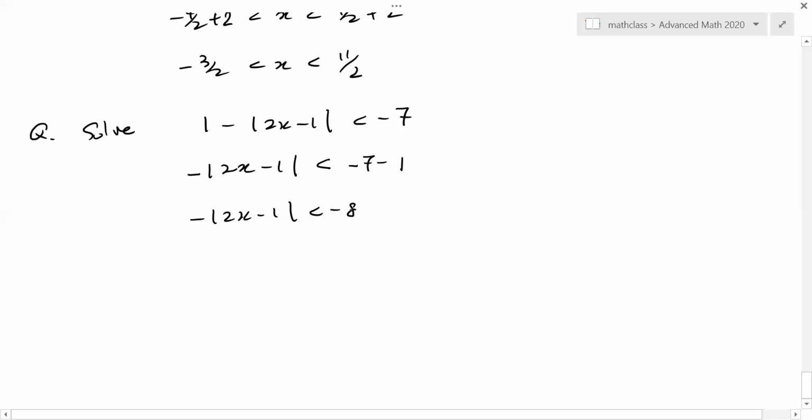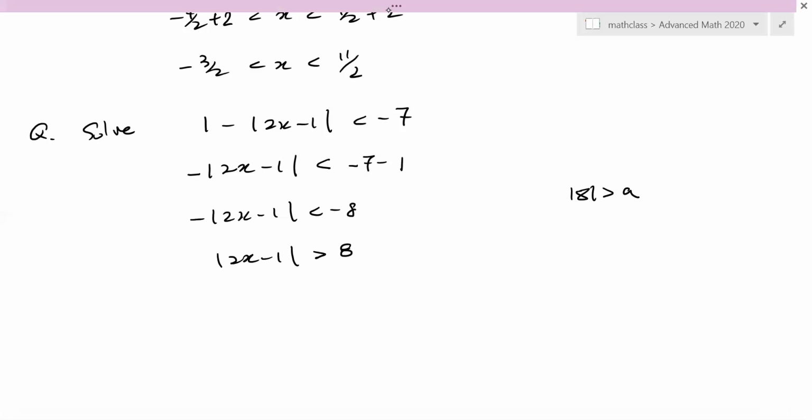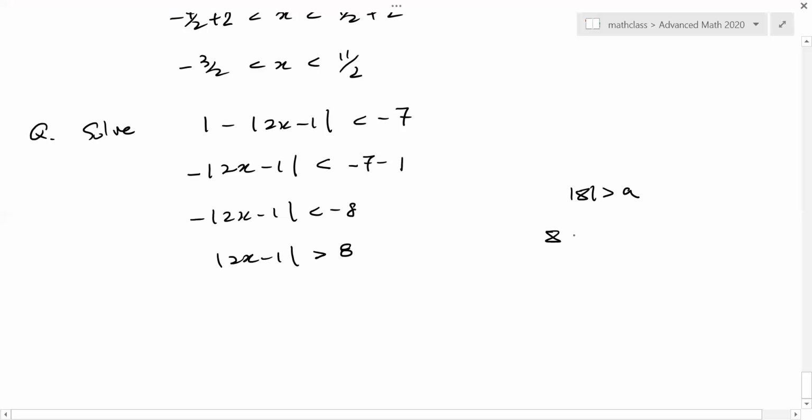Then you multiply both sides by negative 1, so you get greater than 8. Then you can apply the following formula. x will be less than negative 8, or x is greater than a. Here a is positive, okay? Otherwise it doesn't make sense.